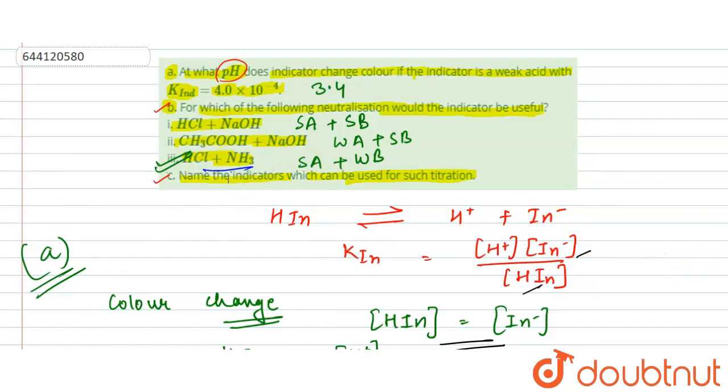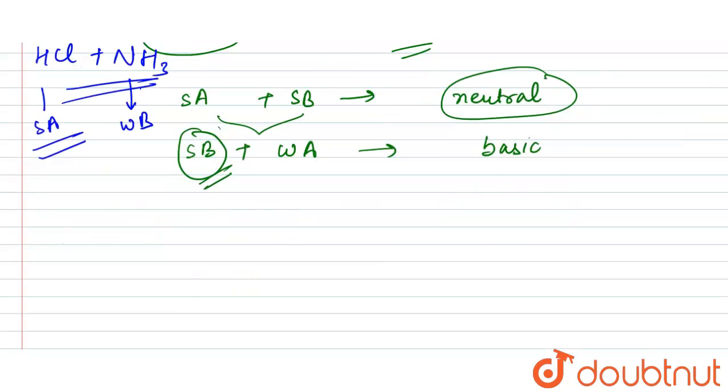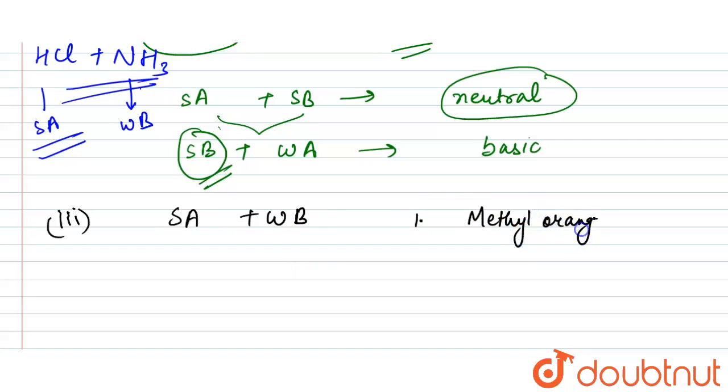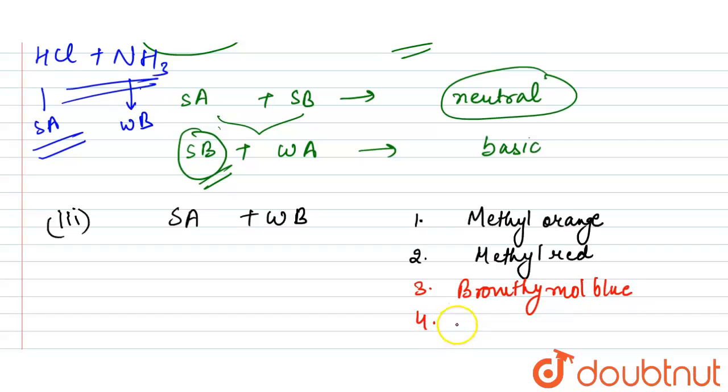Now name the indicators which are used for this type of titration. Here we have a strong acid plus weak base titration. In the case of strong acid weak base titration, four indicators are used. First is methyl orange, second is methyl red, third is bromothymol blue, and the next is bromocresol green.